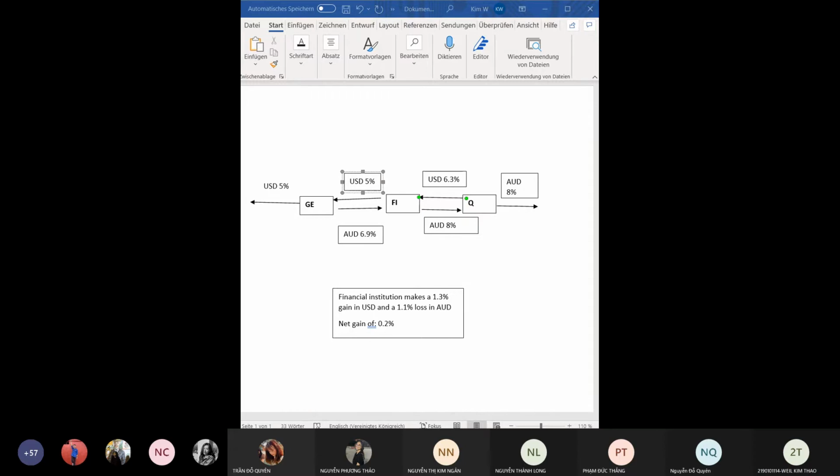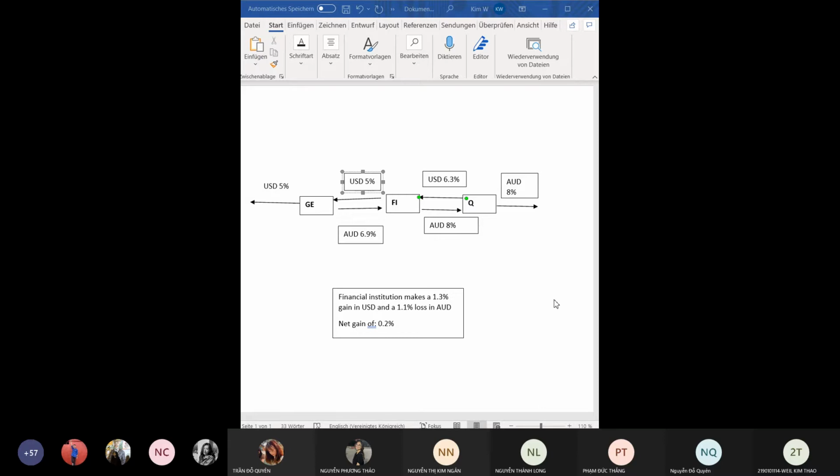This is how the swap agreement between GE and Qantas goes, with the help of FI, the financial institution. And the net gain, the commission of 0.2%: some students may think it must belong exactly to US dollars or to Australian dollars, but that would not be possible here.